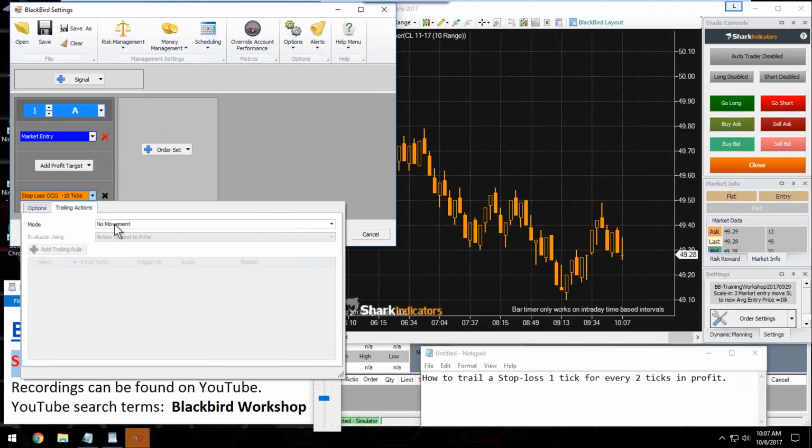And in the trailing actions, this is where we'll define the 1 tick trailing for every 2 ticks in profit here. So we're going to set the mode to custom, right?